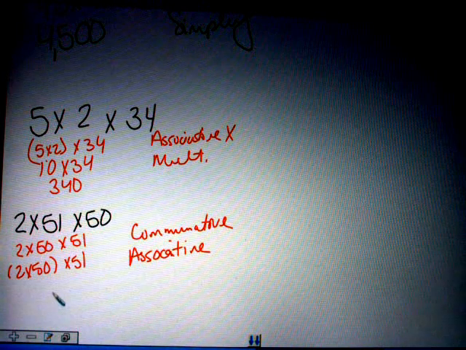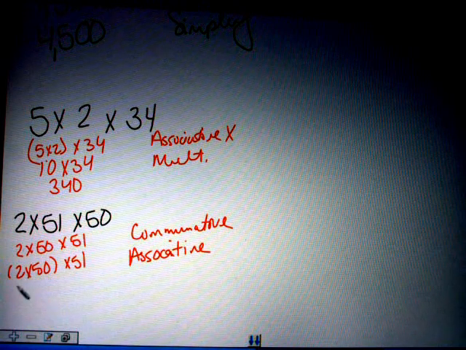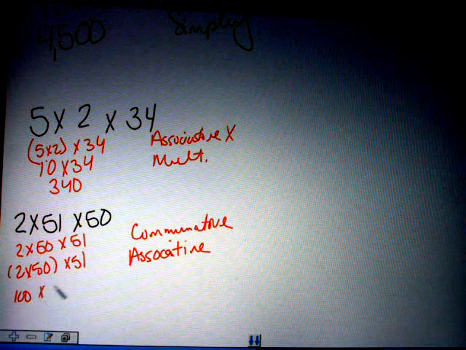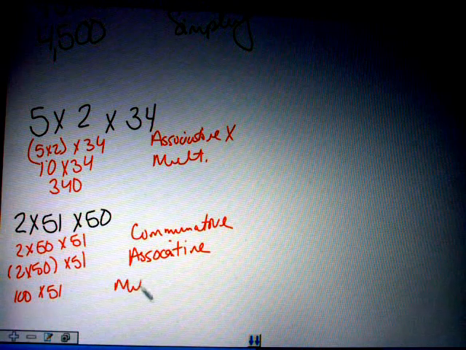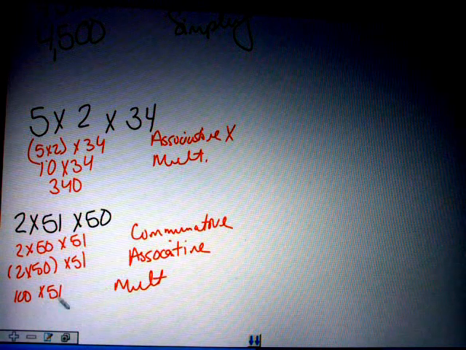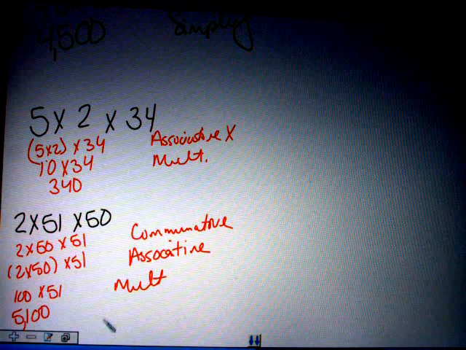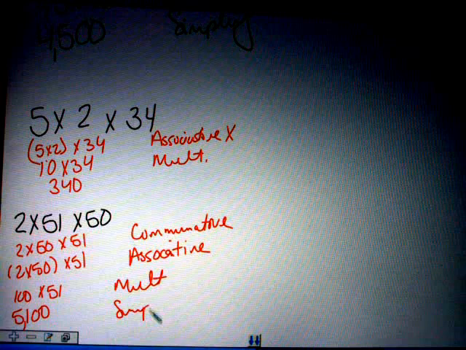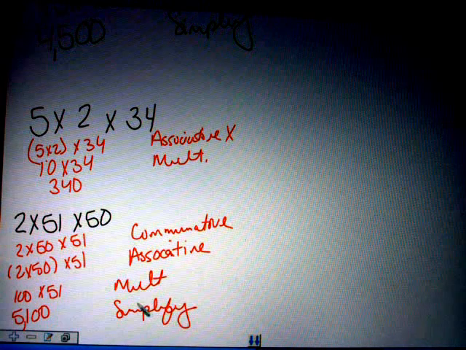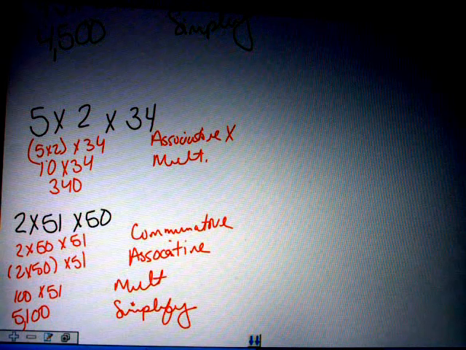Then 2 times 50 is 100 times 51, and I just multiplied there. Then I do 51 with 2 zeros tacked onto the end, 5,100, and then it's just to simplify. And that's how we solve those problems.